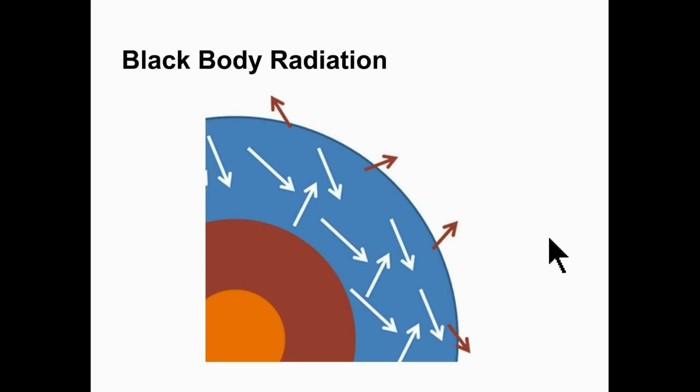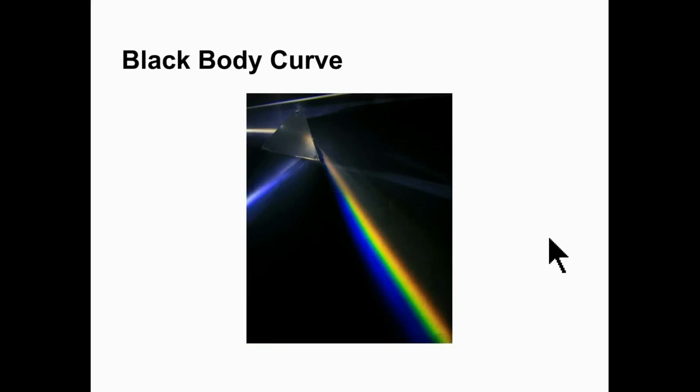We can imagine the radiation coming off a star by imagining that the photons leave the surface of the star equally. This idealization allows classification of stars based on their black body curves. Originally it was based on the visible portion of the electromagnetic spectrum.